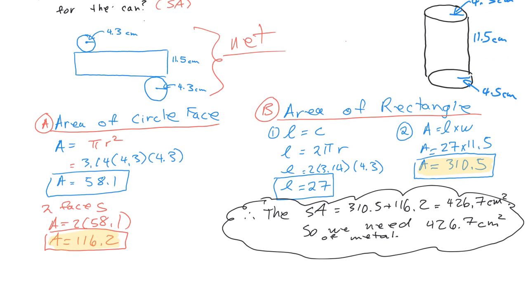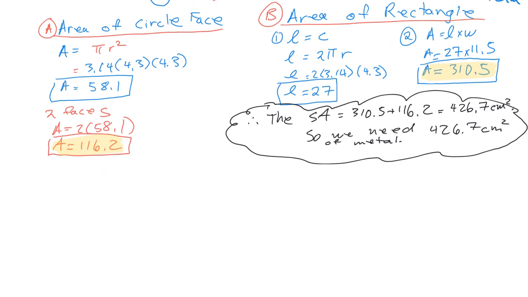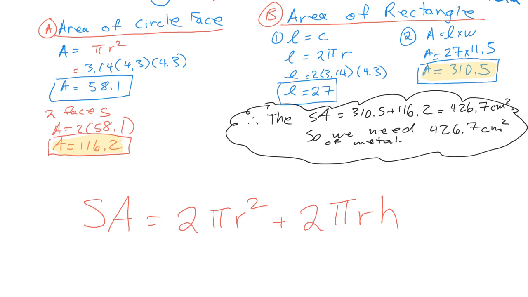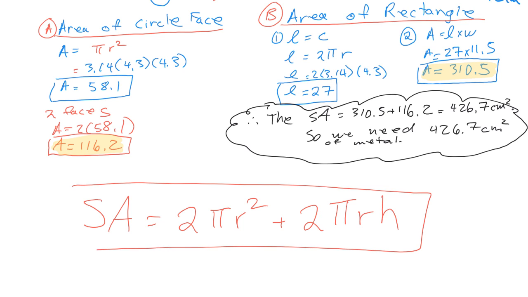The basic equation for the surface area: you can do it the first way that I showed you, or you write SA is equal to 2 pi r squared plus 2 pi r h. That's it. You use that equation to do it.